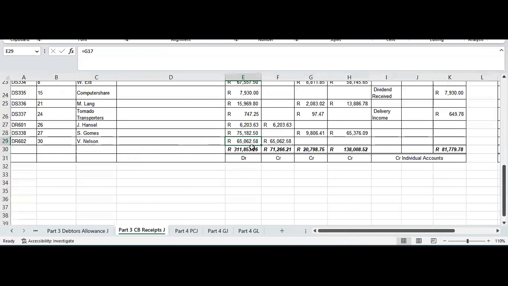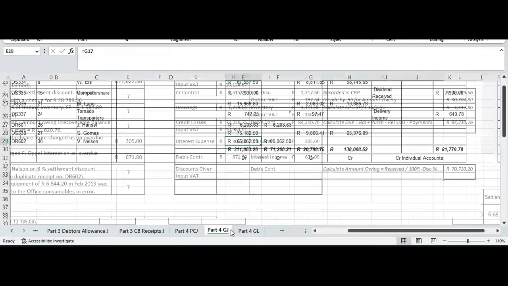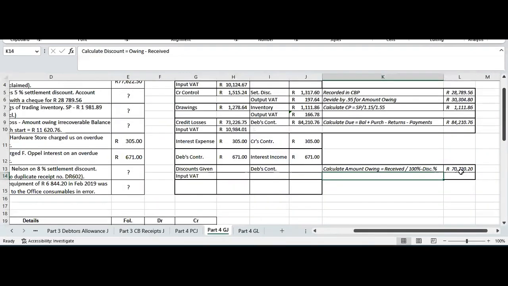We know that he only paid 65,000, and we now know that he was owing us 70,000. So to get the physical amount of discount that we gave him, we have to subtract what he was owing from what we received, and we see that that is 5,657.